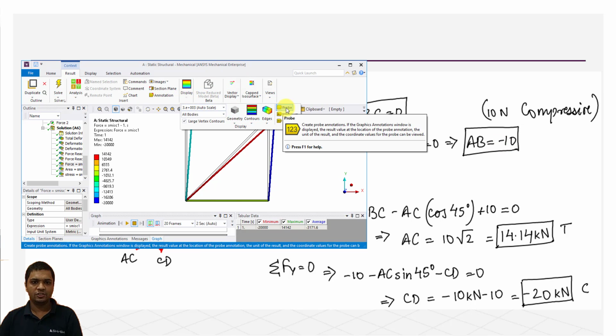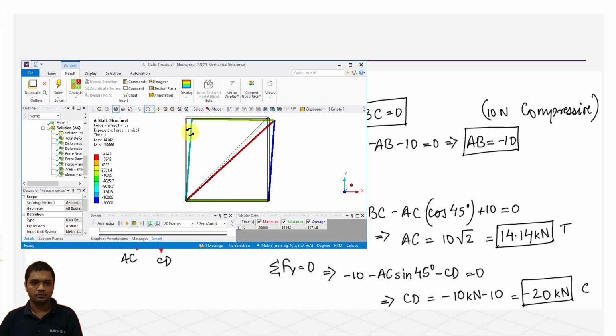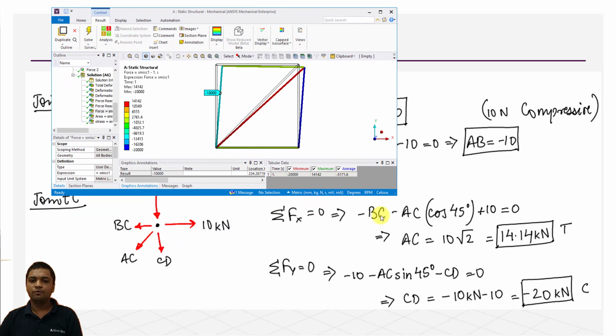Let me go to display and check for the probe. If I'm putting it into AB beam, we are getting the internal force of minus 10,000 Newton. Similarly, for joint C, we have resolved and we got AC as 14.14 kilonewton.